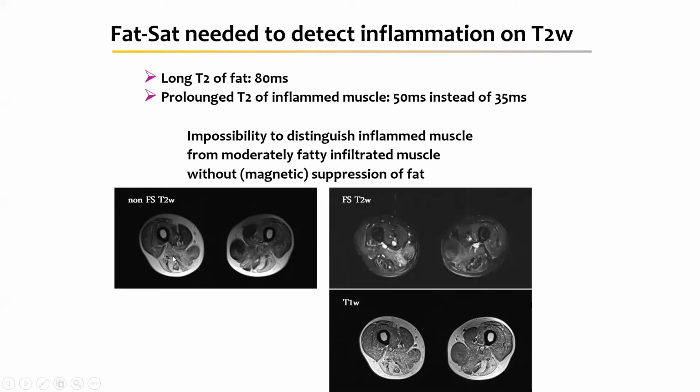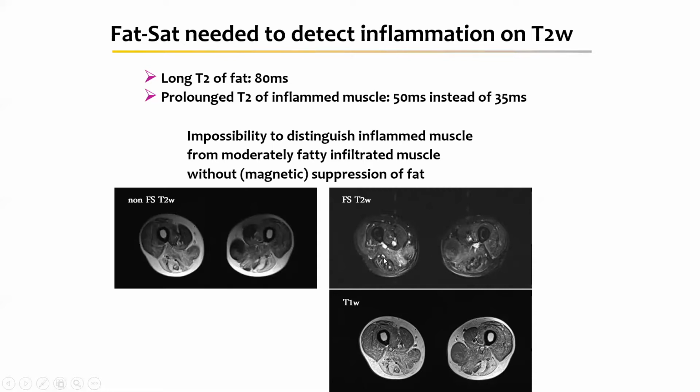The only way to know is to run again a T2 weighted sequence, this time with fat saturation. And this is what the STIR module is. It's to get rid of your fat component, to reveal the muscle tissue, and to be able to detect possible hyperintensities. And it is positive here.